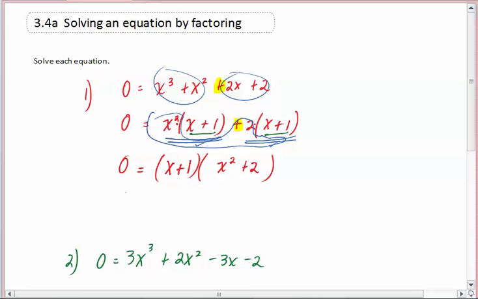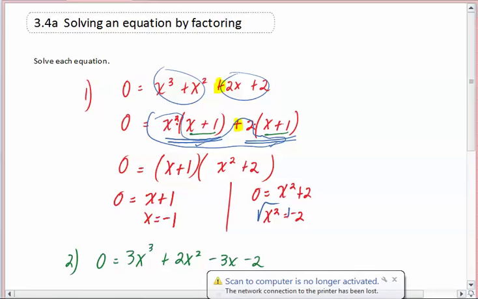So now let's take each individual factor and set it equal to 0 and solve. We know that x is -1, that's one of our roots. And then this one, x squared is equal to -2, that's kind of an interesting one.